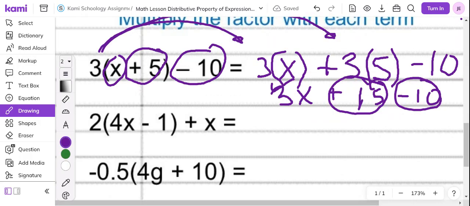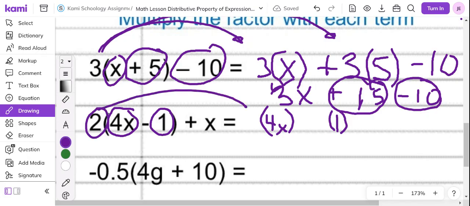Okay, let's continue to practice with another example. So we have two terms inside this parentheses. So we have 4x, and then we have 1. So we're just going to space them out a little bit, and then give each one of them their own parentheses. And then they also get their own factor of 2.